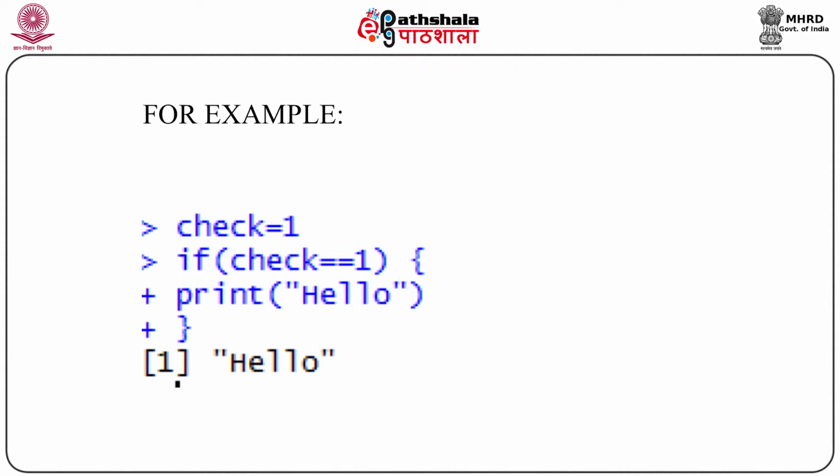Since we wish to compare check with 1, we are using the double equal sign. Now, if this statement is true, we will print hello. So here we put print hello after the conditional statement and within a second bracket.